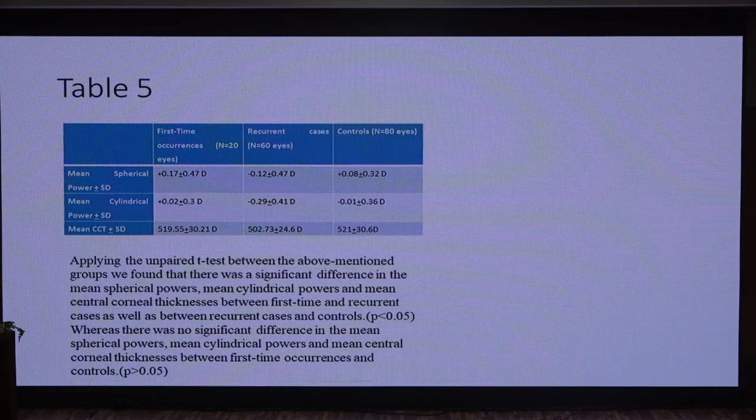When we compare the spherical error among recurrent cases and controls, we find a significant difference, and in mean cylindrical power and mean CCT also we find a significant difference in recurrent cases and controls. But when we come to first-time occurrences, the first timers, we see no significant difference between the two. So we can say that VKC has a temporal association with the spherical errors.